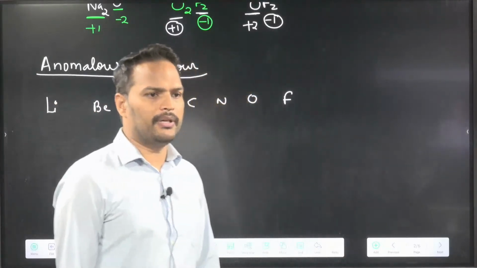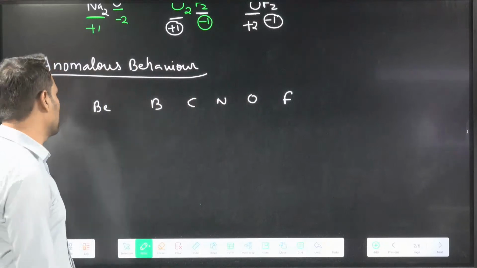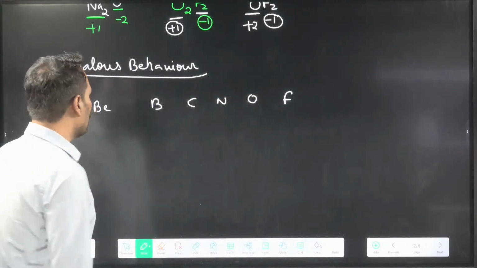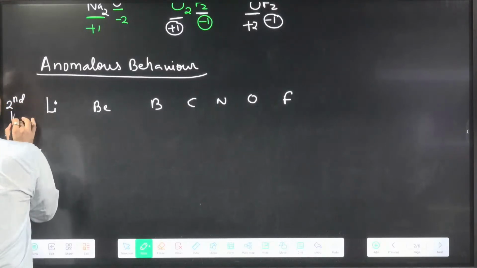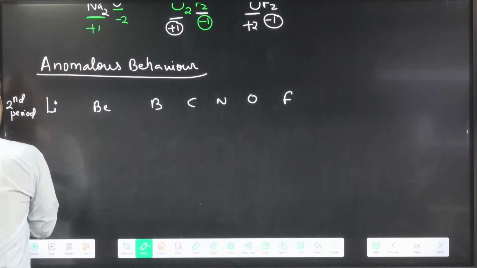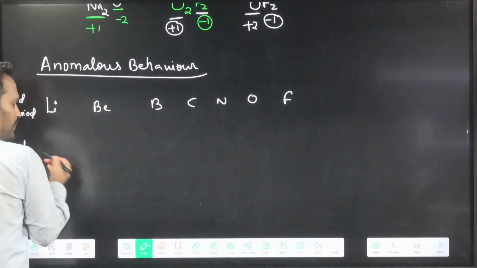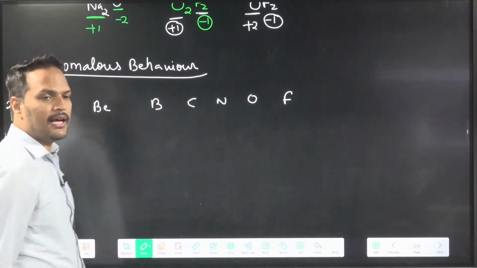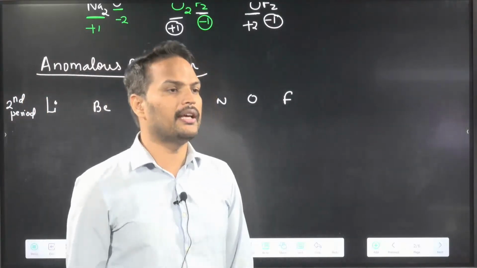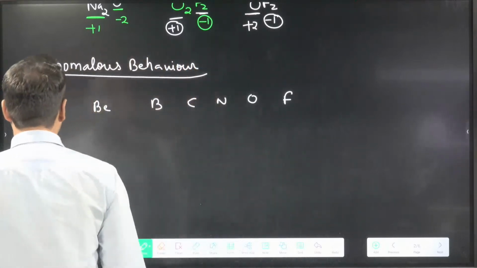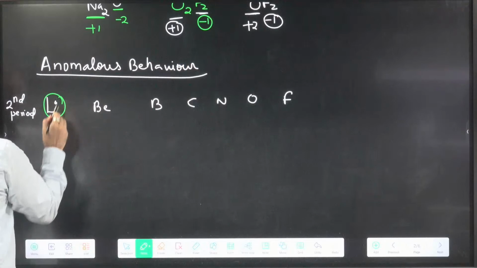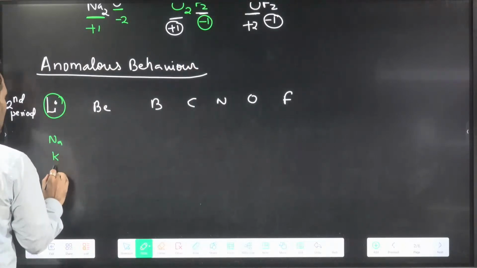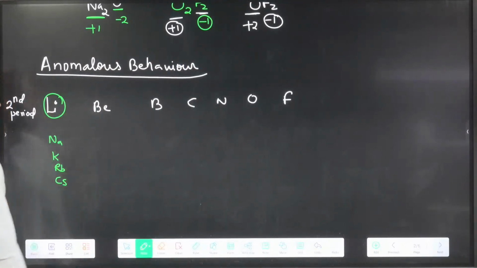This is your second period elements. Then there is the third period, fourth period, and the rest. They are saying that the second period element is different from the rest of the elements in its group. Like lithium is different from sodium, potassium, rubidium, cesium.